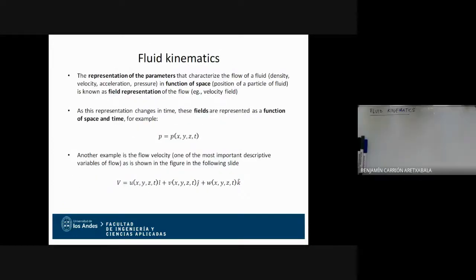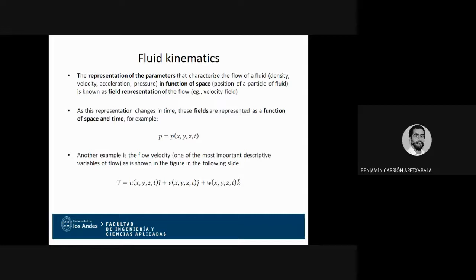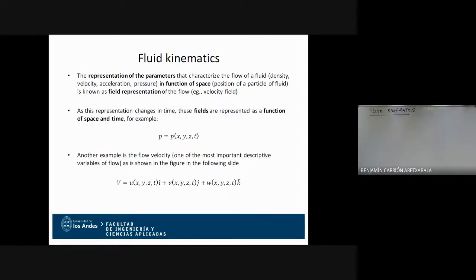So typically, we can think that all parameters can be represented as a field. And a field means that whatever parameter, in this case pressure being highlighted, the pressure is a function of location, and location, we're talking about location in any point of space, so it depends on x, y, z, but also is a function of time.